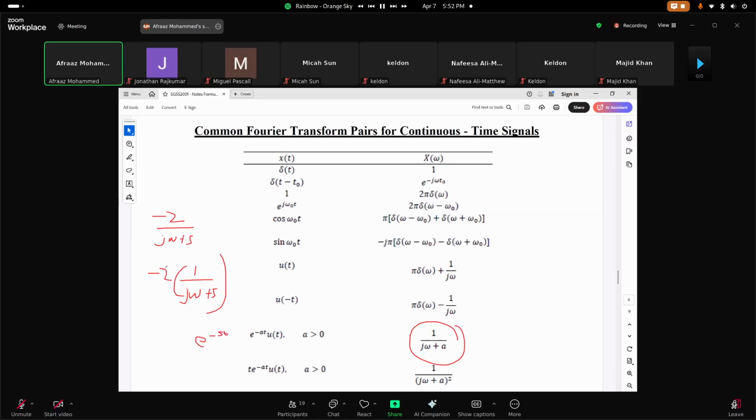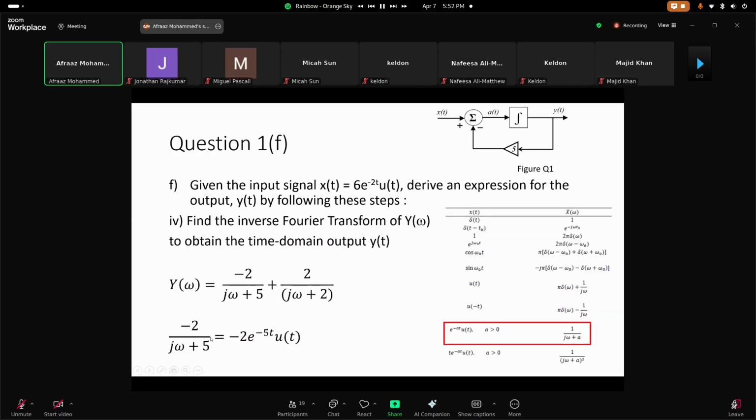But we have to remember the minus 2, so you get minus 2 e to the minus 5t u of t. That is the first term.